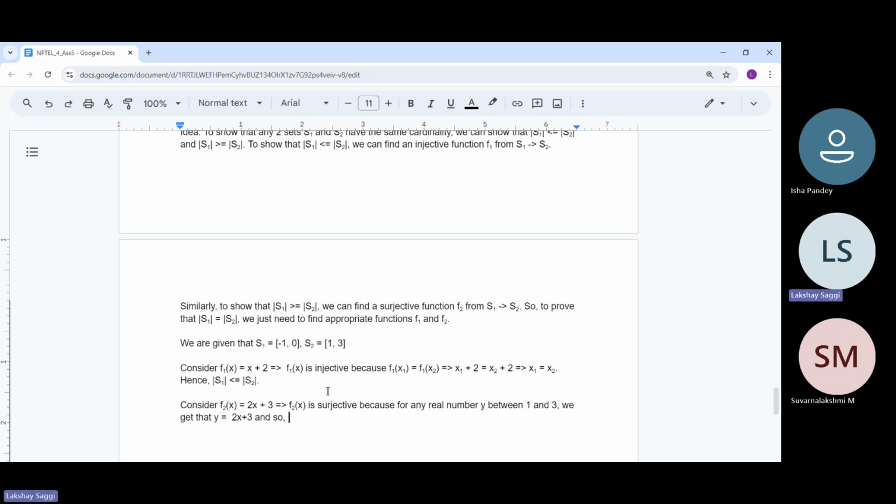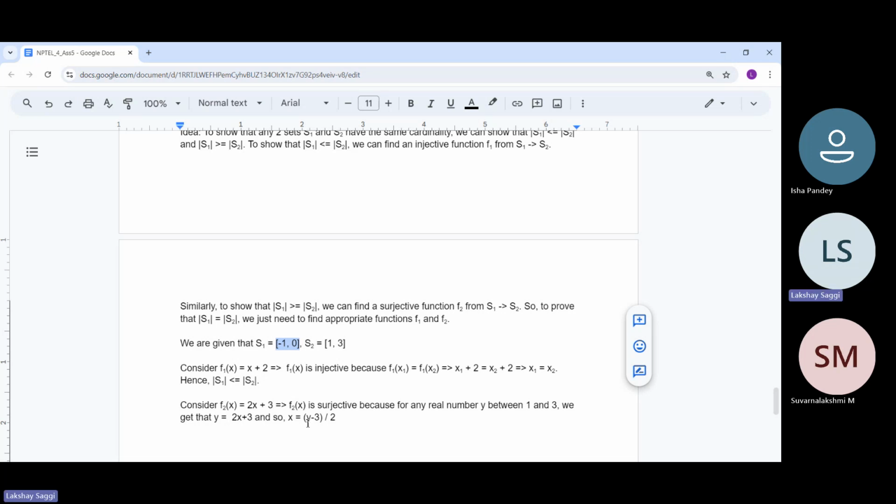And so x equals (y minus 3) by 2. And note that y lies between 1 and 3. So this value of x will lie between, putting y as 1, this will be -1, and at y equal to 3, this will be 0. And these are the two bounds on x, right? -1 and 0.